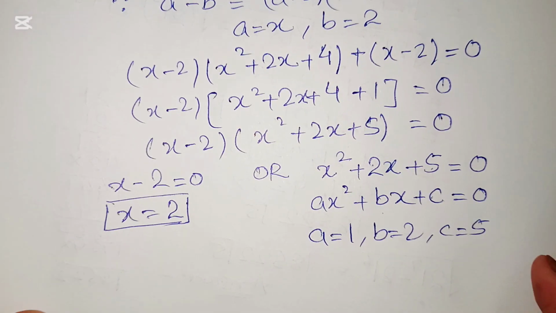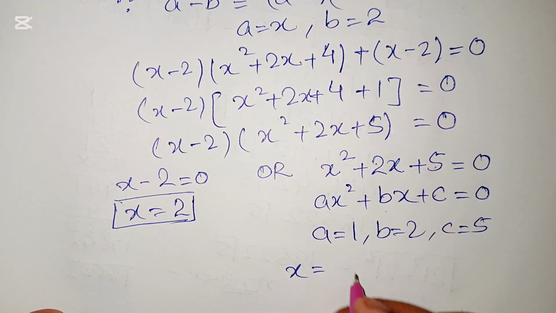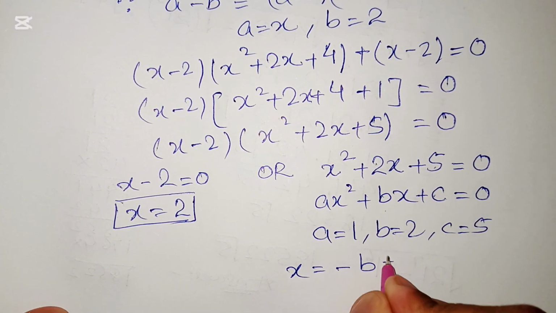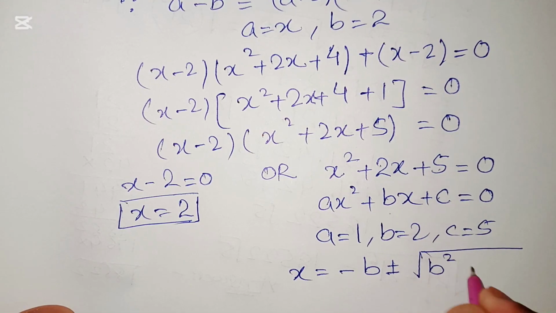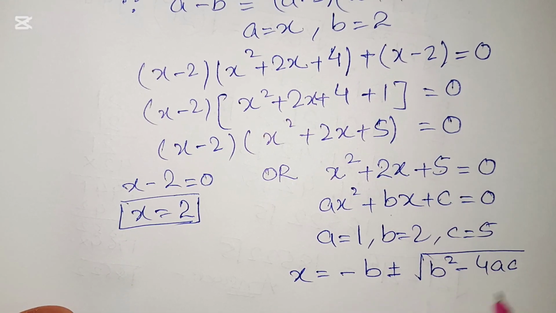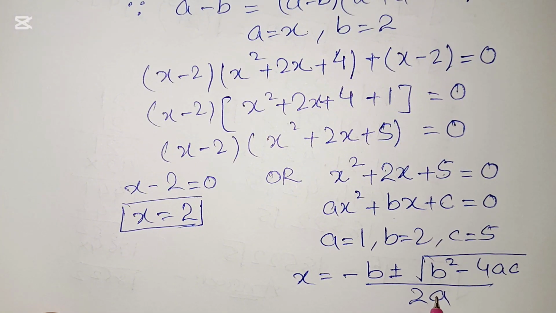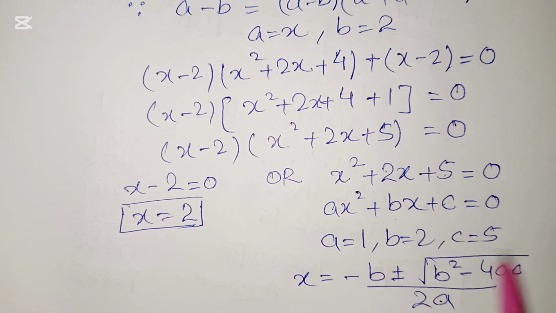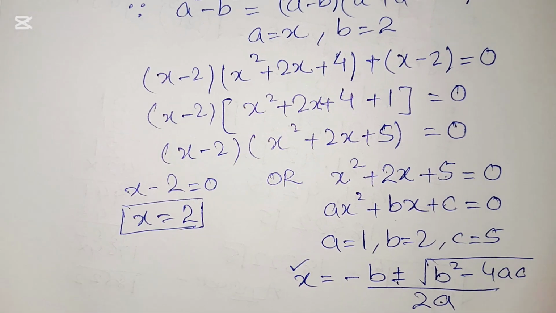We will use the quadratic formula to find the values of x: minus b plus minus square root of b square minus 4ac all over 2a. We have a, we have b, we have c. We'll put these values here to get the value of x.